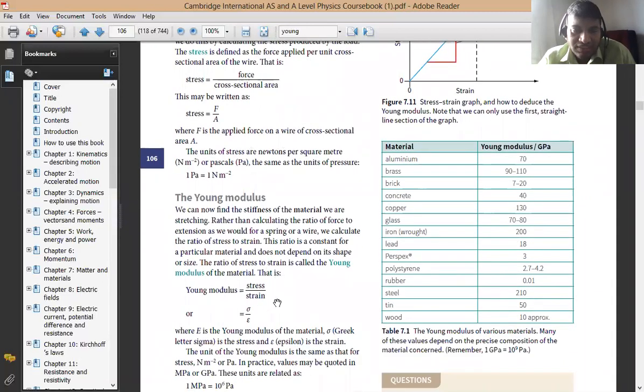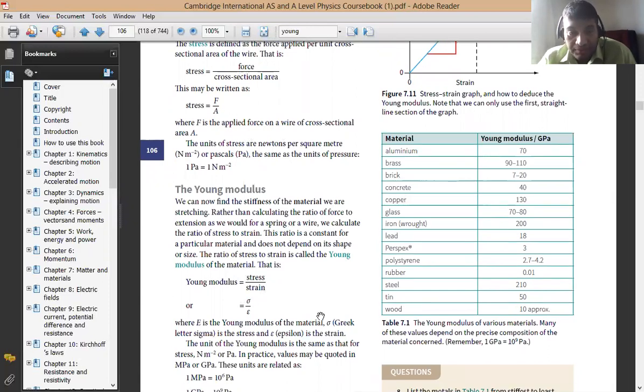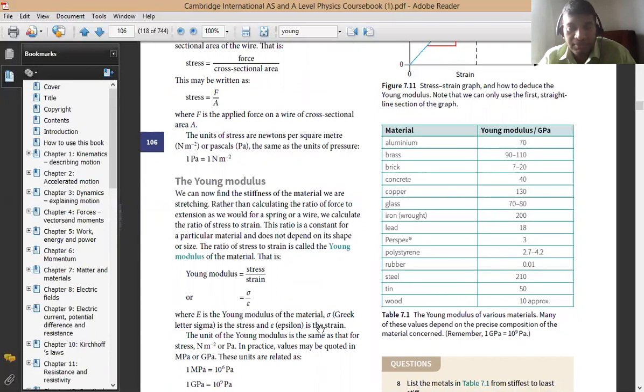Young modulus is measured by dividing stress by strain, sigma by epsilon, and the units of Young modulus are similar to those of stress, that is newtons per square meter, which is similar to pascals, or the units of pressure.